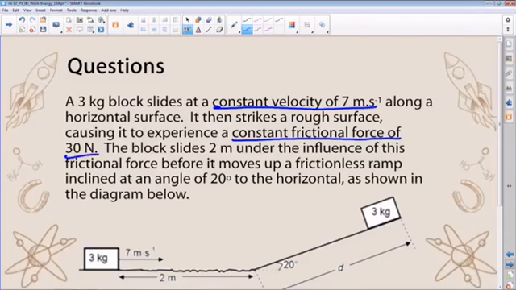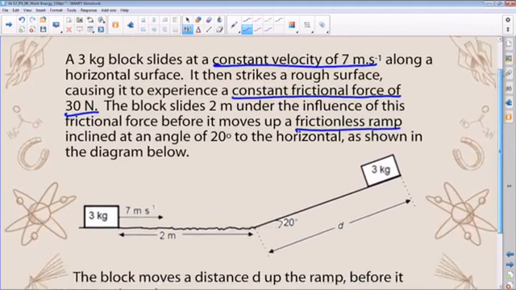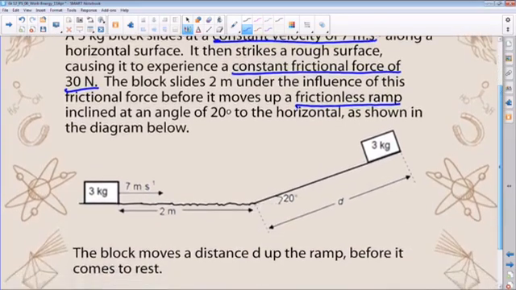The block slides 2 meters under the influence of this frictional force before it moves up a frictionless ramp inclined at 20 degrees to the horizontal as shown in the diagram. The block moves up a distance d up the ramp before it comes to rest.